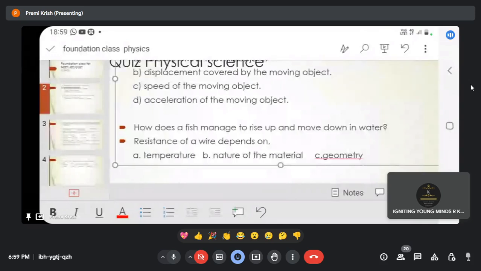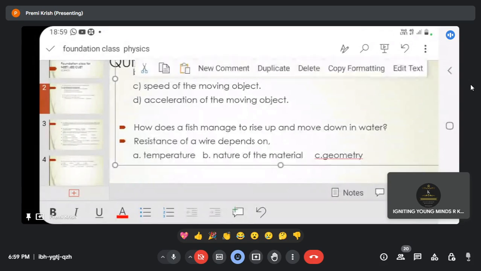So that is the phenomenon. Through the gills, it inhales the oxygen and stores it in the bladder so that it rises up, and when it wants to go down, it releases the oxygen again out through the gills. So that's how it manages to rise up and move down in water. Okay, good. Interesting.